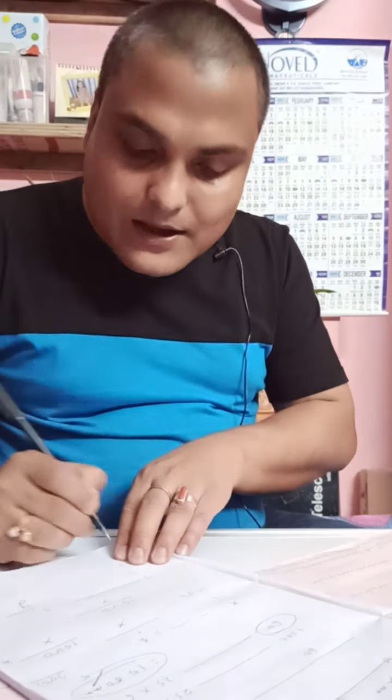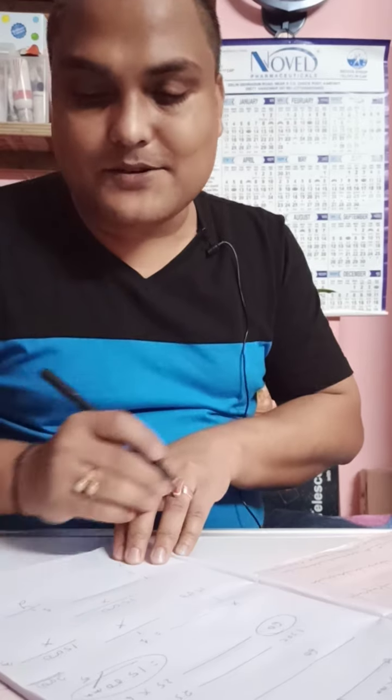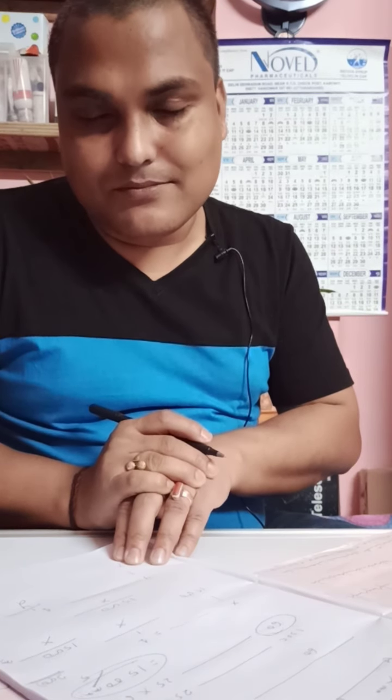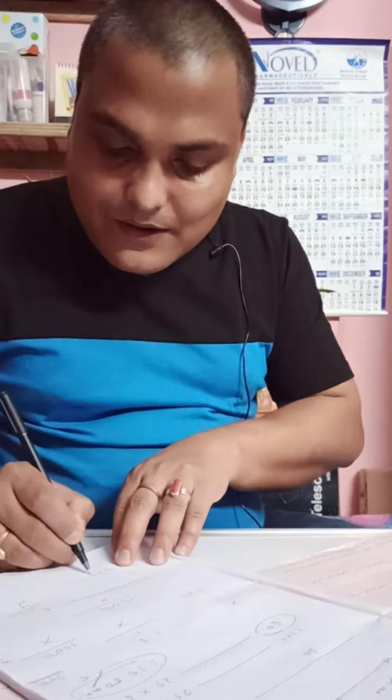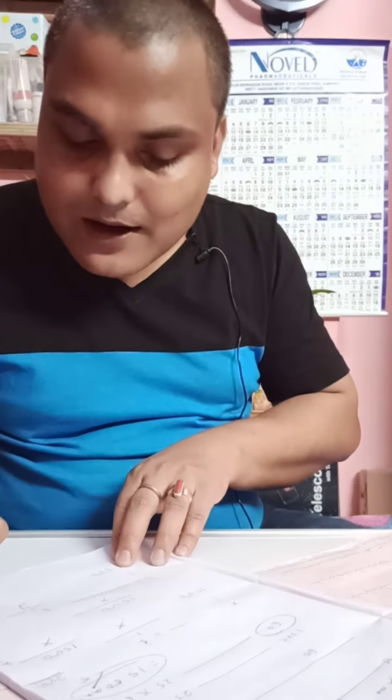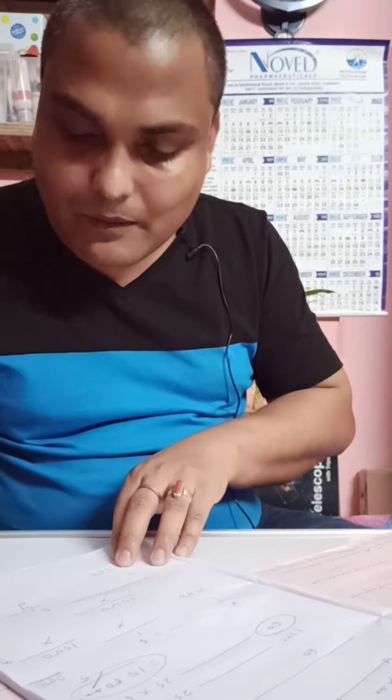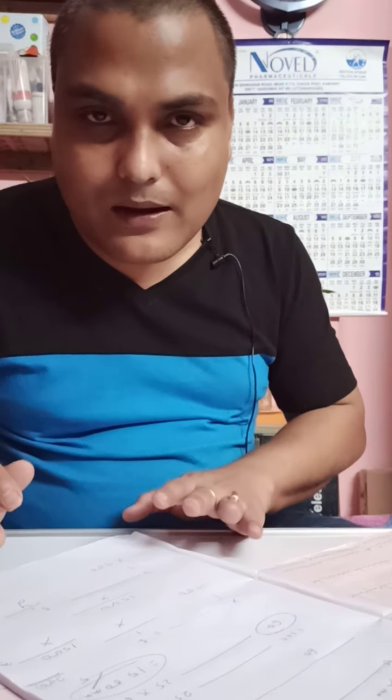So in 300 big squares, how many contractions will come? 300 divided by y. So if between two R waves there are, suppose, 10 small squares, the heart rate will be 150.